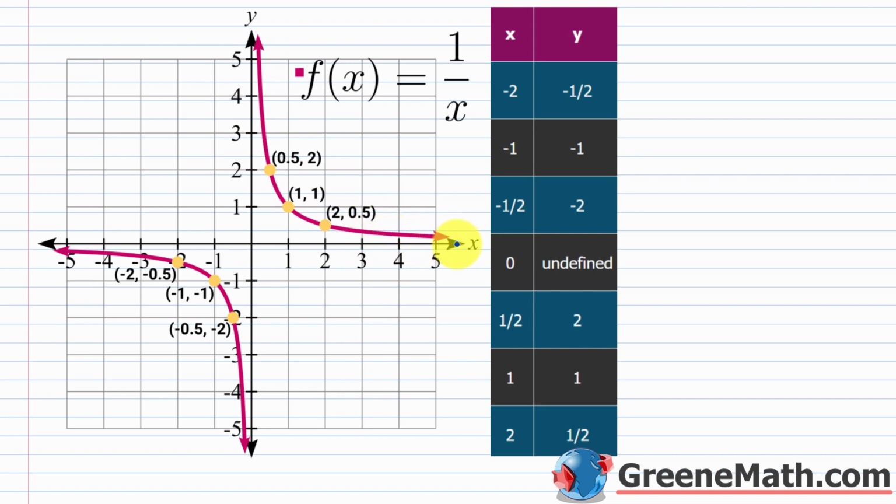In other words, what's happening as x goes to positive infinity? Well, the y values are getting closer and closer to 0. So we can say that y approaches 0 as x approaches positive infinity. Then if I look at this piece over here, where x is decreasing without bound, as x approaches negative infinity, you could say that y is also approaching 0.